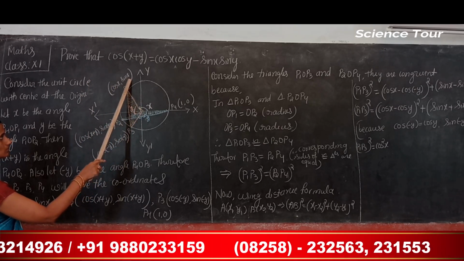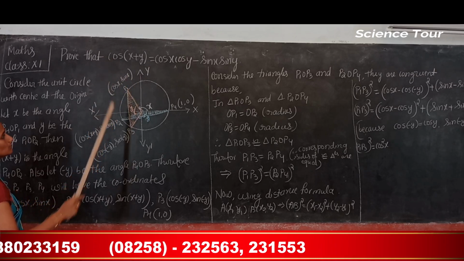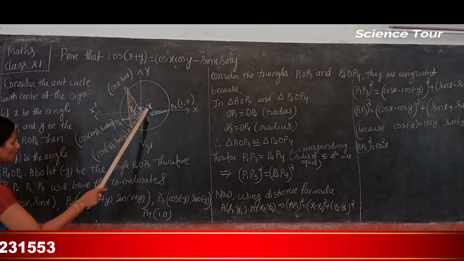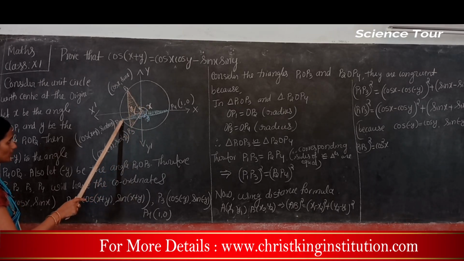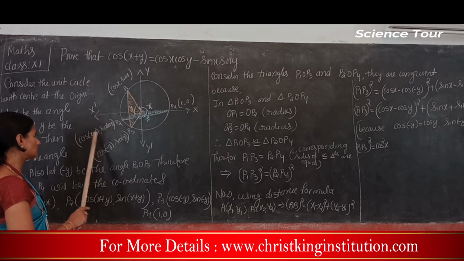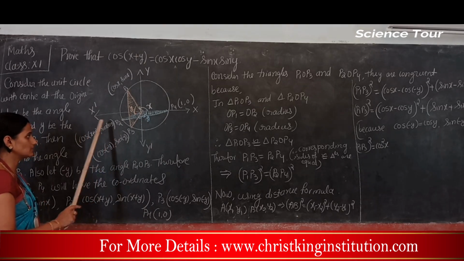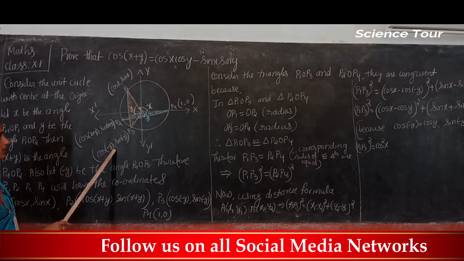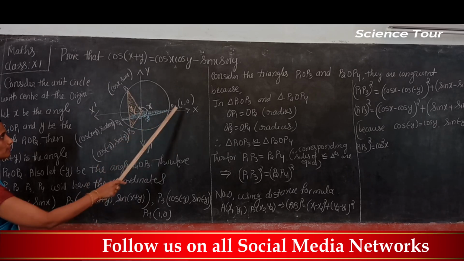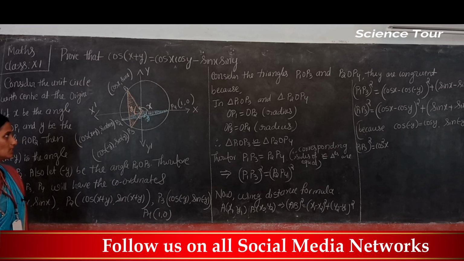Cos x, sin x, right. Next this point P2 is what? Cos of x plus y comma sin of x plus y. P3 is what? Cos of minus y, sin of minus y, and P4 is 1 comma 0, right.